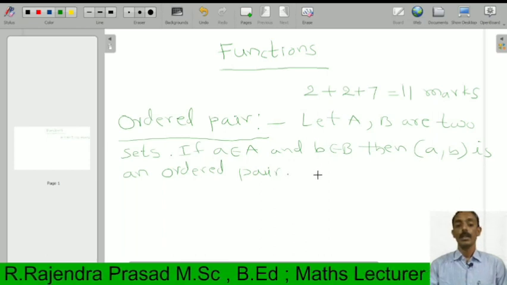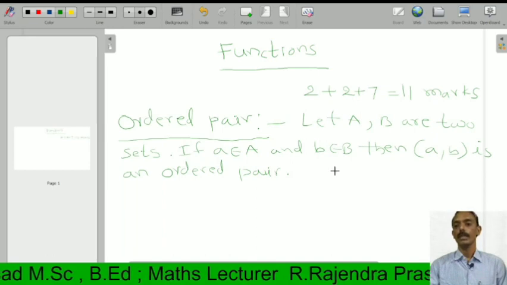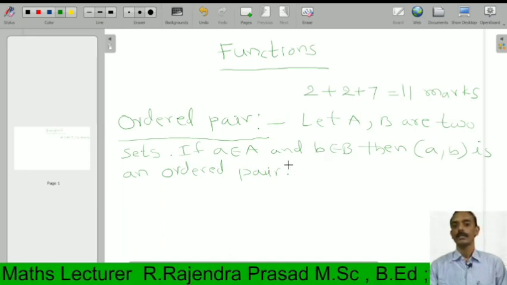Let A, B be two sets. If a belongs to A and b belongs to B, then (a, b) is an ordered pair.